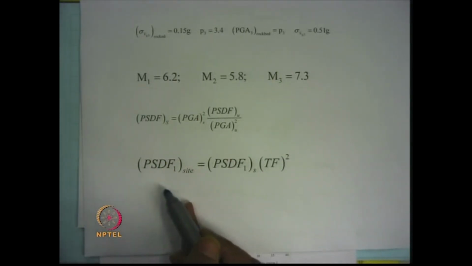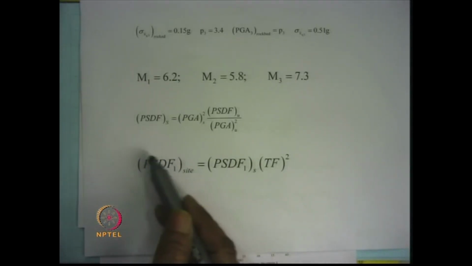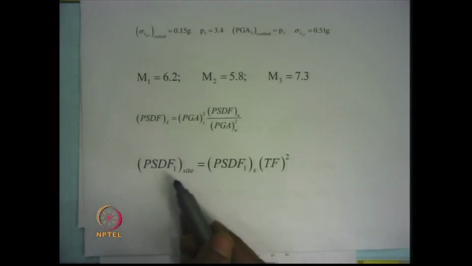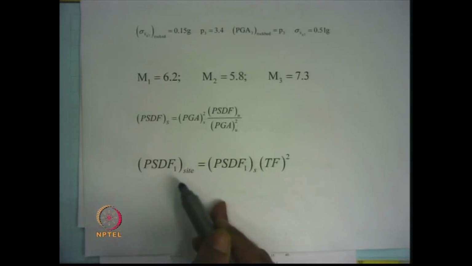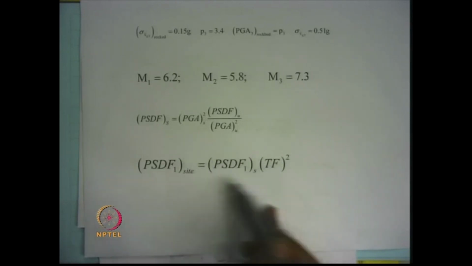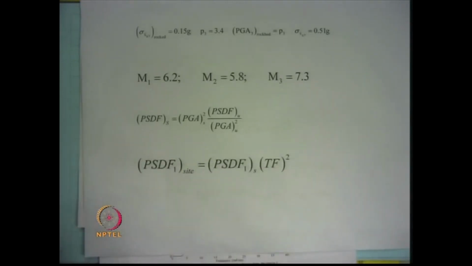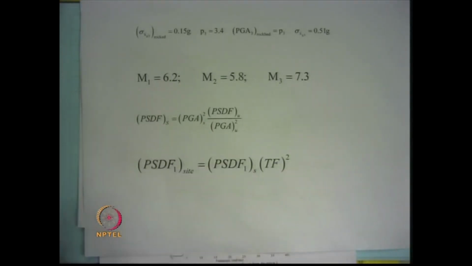So, the power spectral density function which you have obtained at the particular site coming from location 1, that we call PSDF1, and if we multiply that by the transfer function square, then this will provide us a power spectral density function at the surface level.